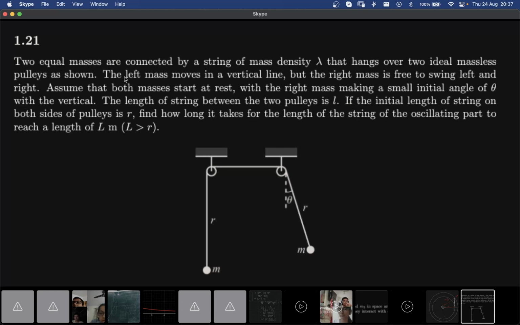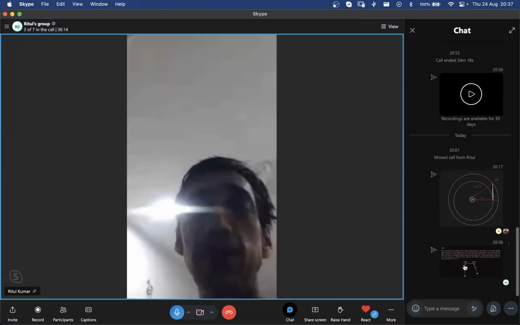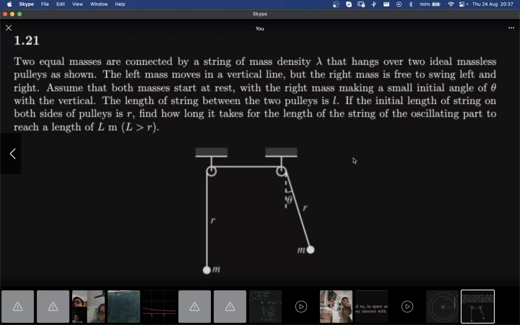The left mass moves in the vertical line, but the right mass is free to swing. Say you start with the right mass making a small initial angle theta.